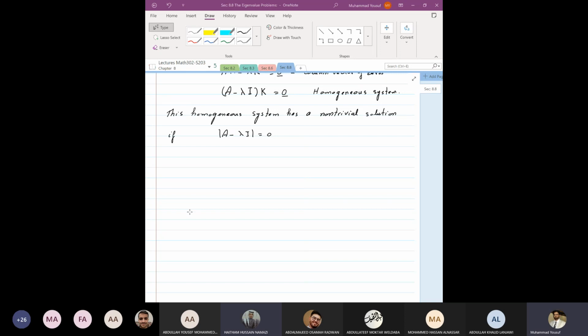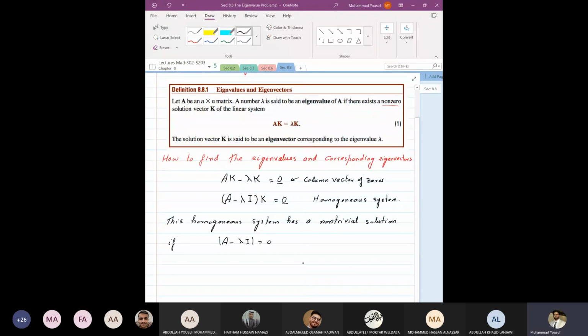Doctor, a homogeneous system is always singular and always has a non-trivial solution, right? No. A homogeneous system, let me write it. Ax equal to 0. This is a homogeneous system. This has a trivial solution if A is non-singular.